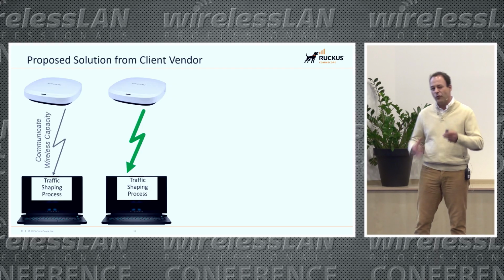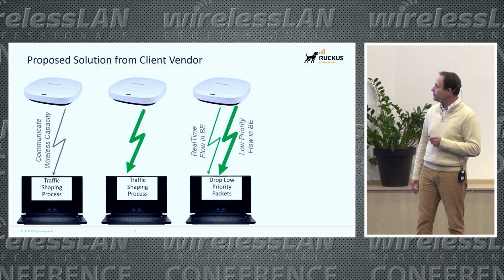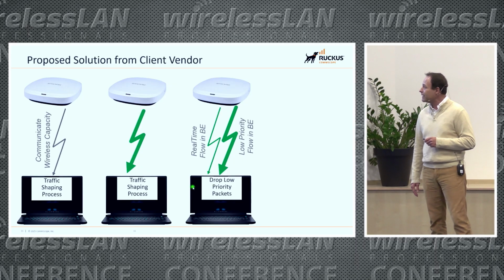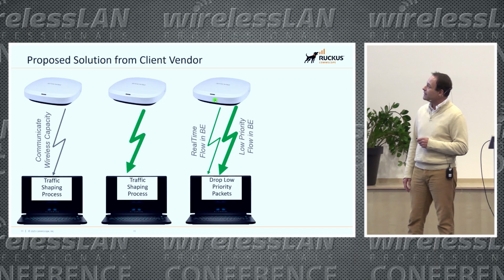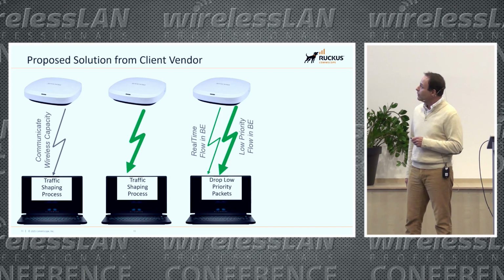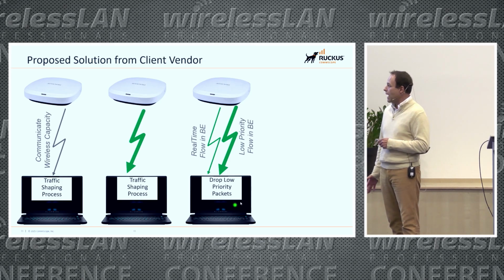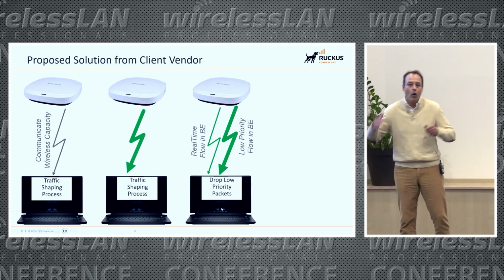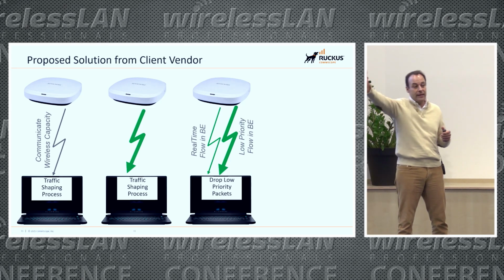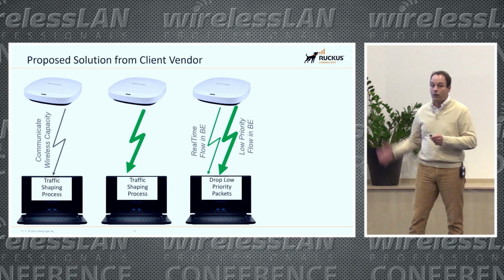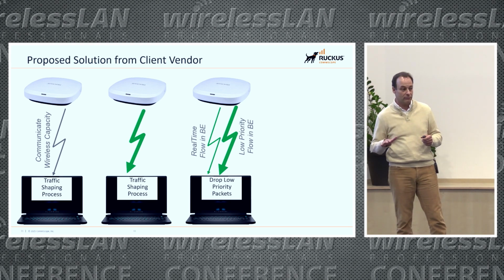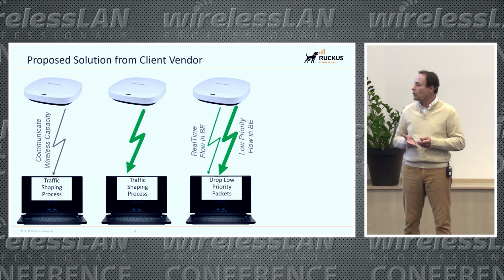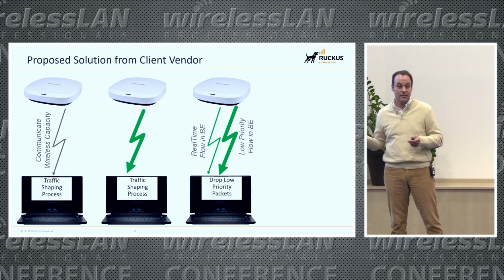Well, a reverse traffic shaping process, because the client is able to identify the real-time flow, okay, and differentiate it from the low priority flow. Then the client could drop packets in the low priority flow, and hopefully the other end in transmission could lower the transmission rate, right? This could work if it's a TCP flow, okay?